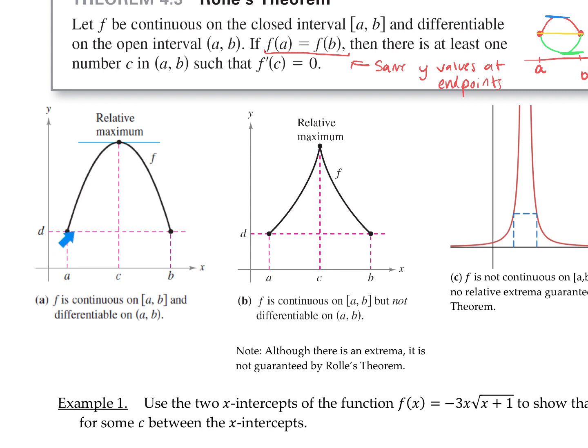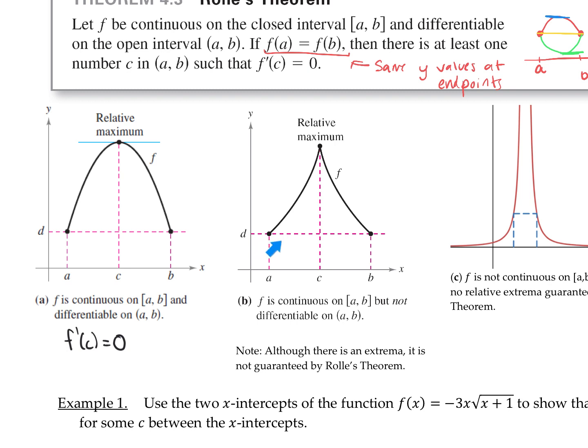In this example, my f of a equals my f of b, so my endpoints are the same, and my function is smooth and continuous, and there is a place in between where my f prime of c equals 0. Remember, having a critical number doesn't guarantee a maximum or a minimum, but in this case it actually is.